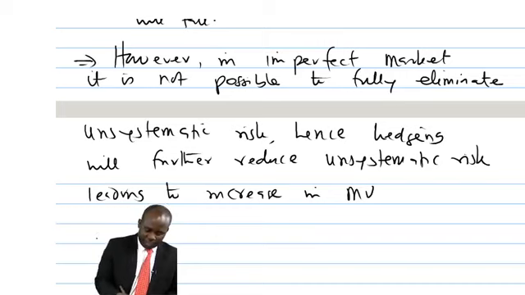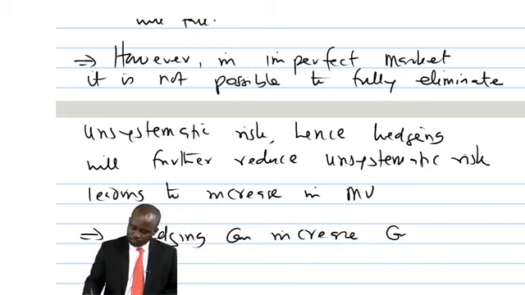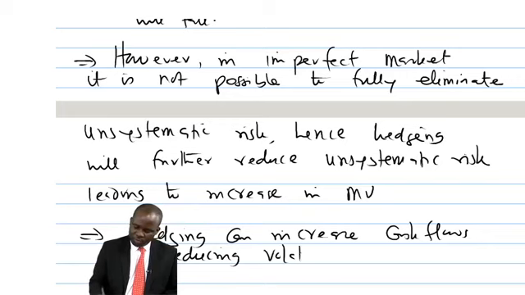For example, hedging can increase cash flows by reducing volatility.